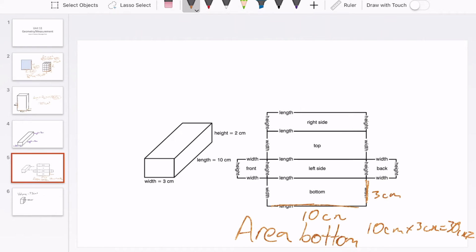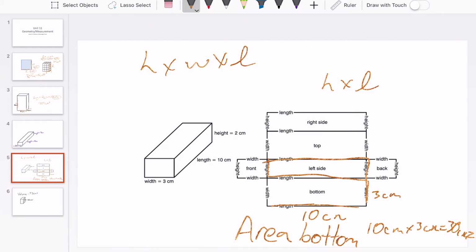To make sure that you're doing this properly, I could go height times width times length. The order of how I multiply these together doesn't matter as long as I do all of them together. If I was only going to look at this section, this is just the height times the length, which gives me the area of just the left side.